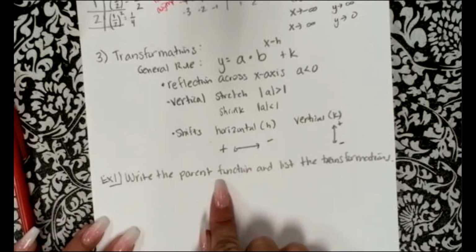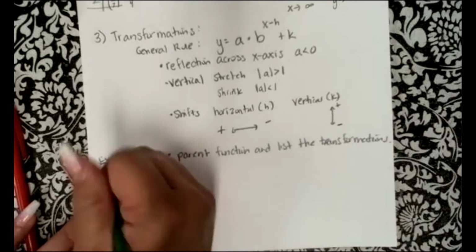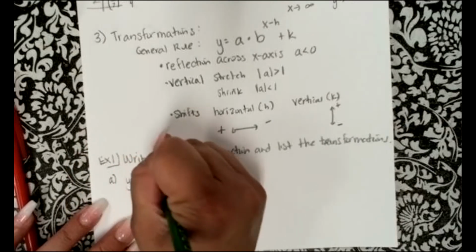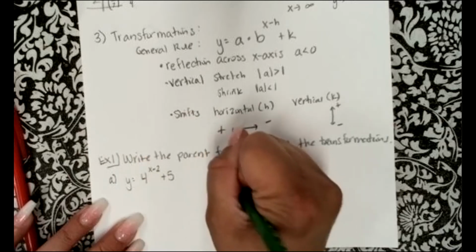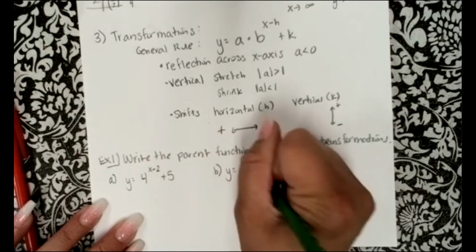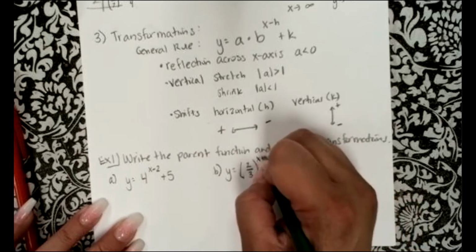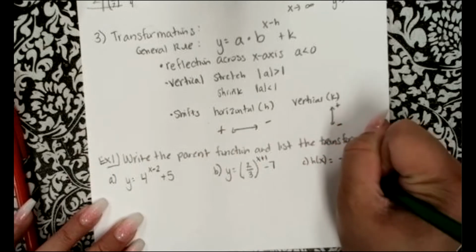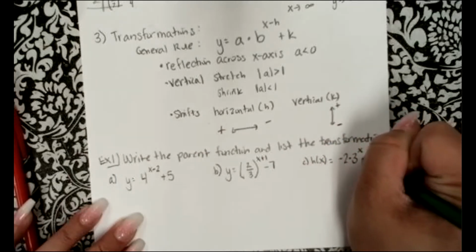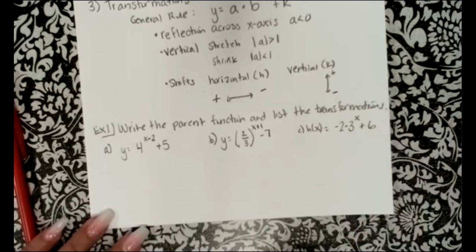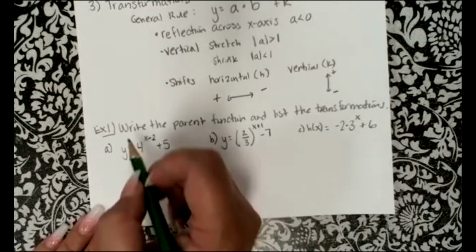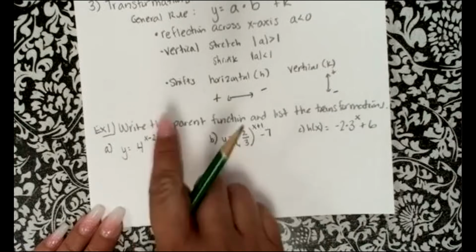So here we're going to write the parent function and list the transformations. Now, the parent function is whatever the base is raised to the exponent without any numbers.